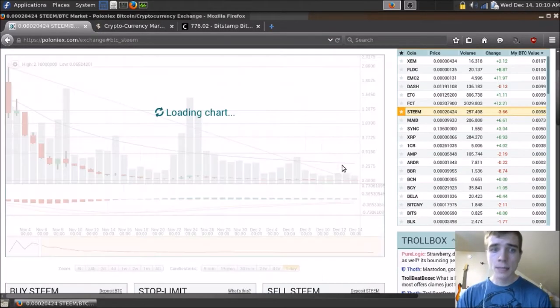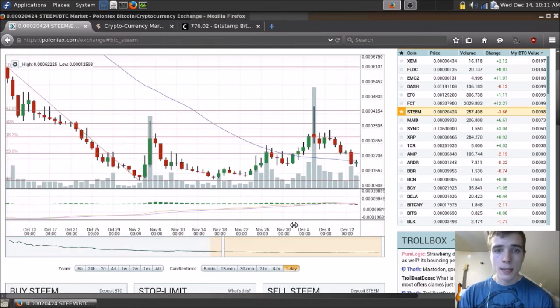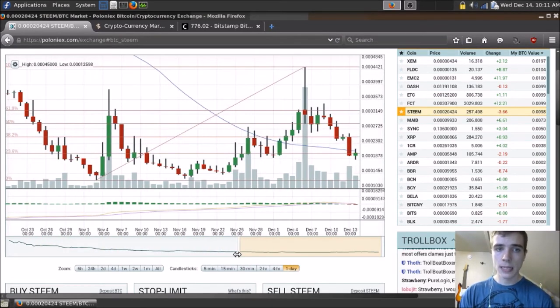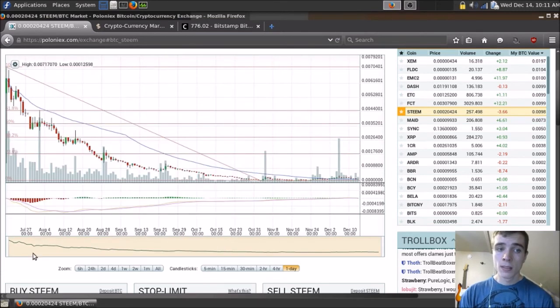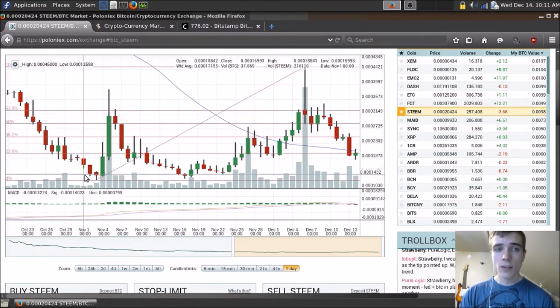But yeah, Steam, I kind of feel like finally, because of the hard fork, and because it's been on here for a long time now, since July, so we've seen Steam around for a little while. I feel like this is finally a nice 1, 2, 3 bottom formation.